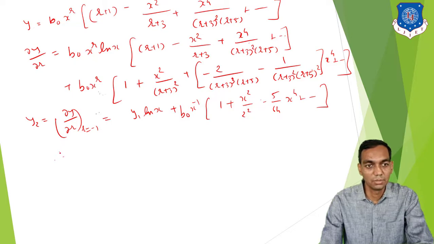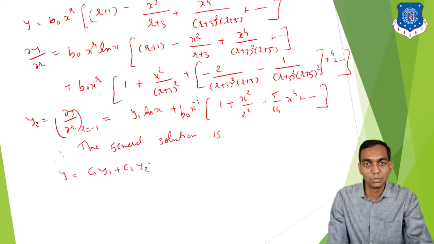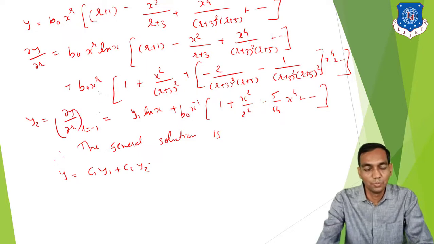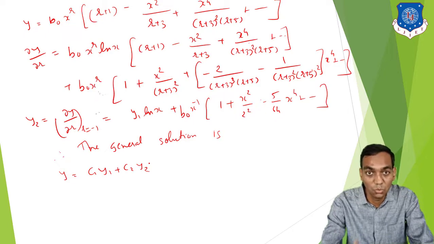And therefore the general solution is y is equal to c1 y1 plus c2 y2. Okay, so here the differentiation part is the typical one, and you have to remember that you have to find out the derivative with respect to r, not with respect to x.